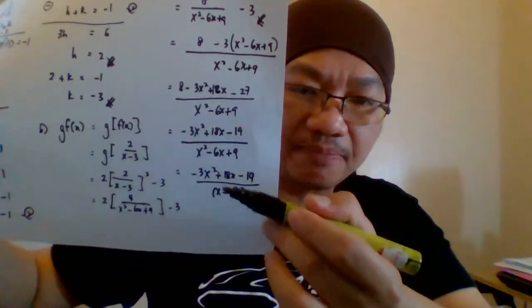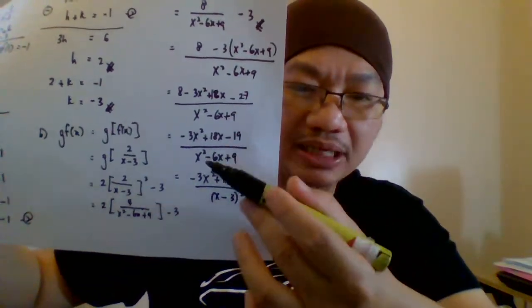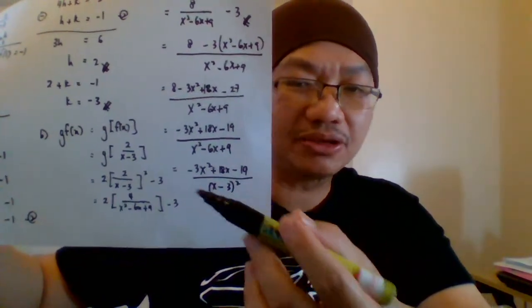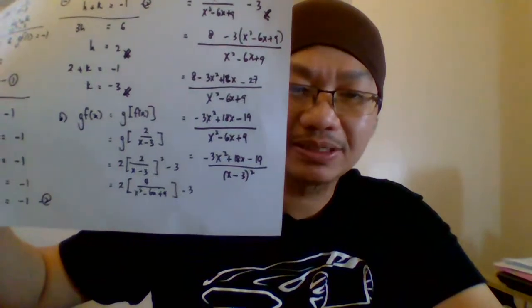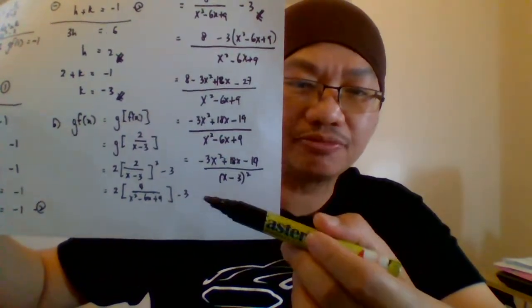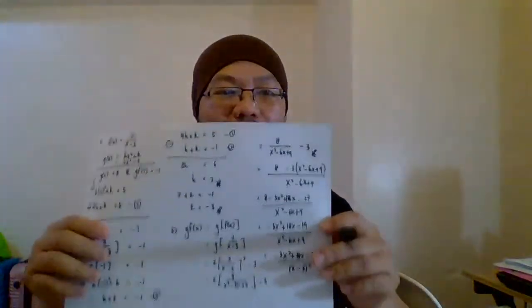So you're supposed to get negative 3x squared plus 18x minus 19 over x minus 3 squared. On the top, just cut and paste, but at the bottom, the denominator actually is x minus 3 squared. When you expand this, you're supposed to get this. They are the same thing. So this answer and this answer are equivalent. So that will be the end of question number 4.